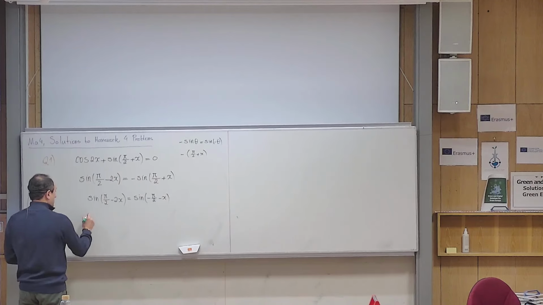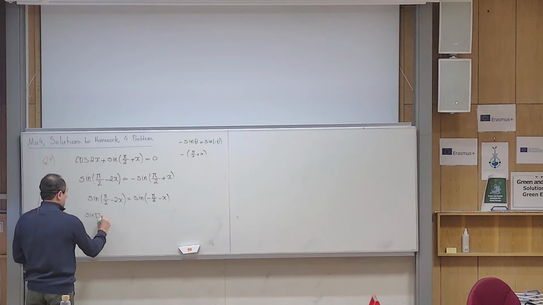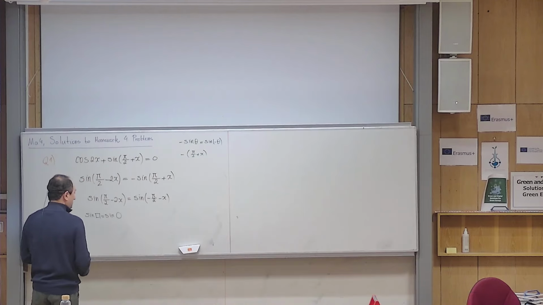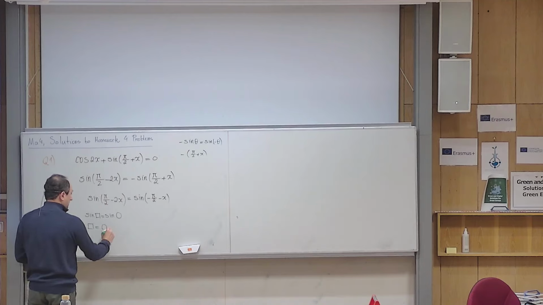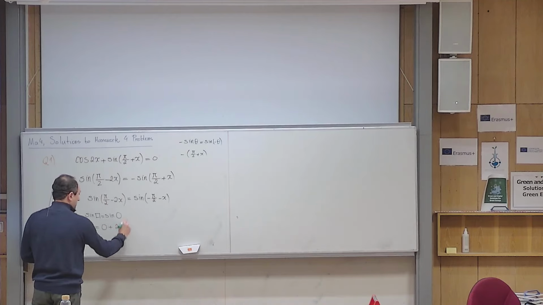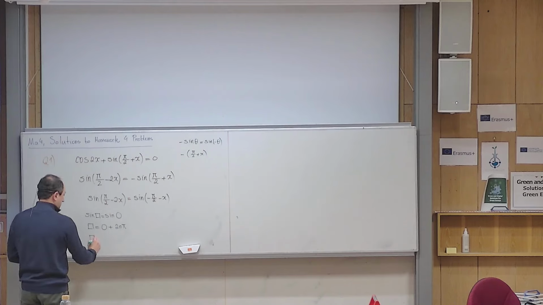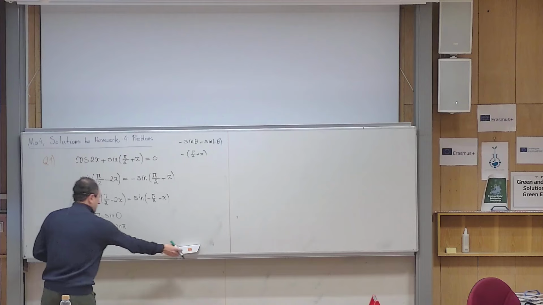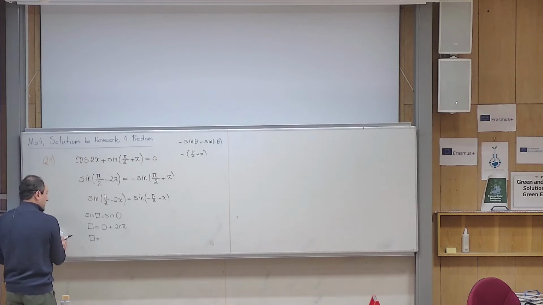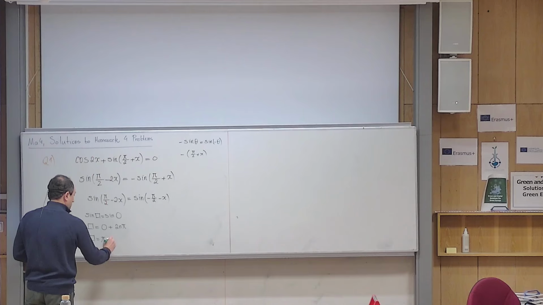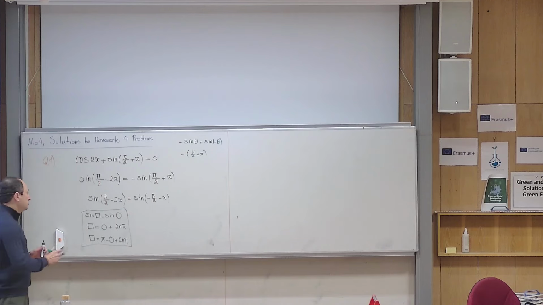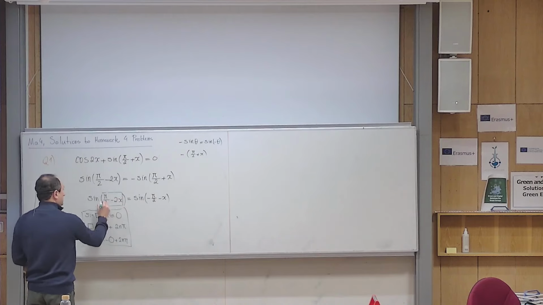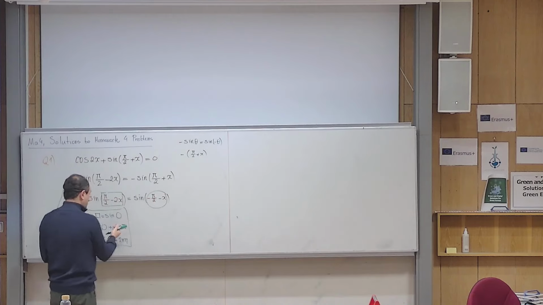Now we have this rule, do you remember? If I have sine of a box equals sine of a circle, what can I conclude about box and circle? Either they are equal, up to a multiple of 2 pi, or the other scenario: box equals pi minus circle plus 2n pi. These are what we learned during the lesson. So now I give the role of box to this, and the role of circle to this, and I use the formula.